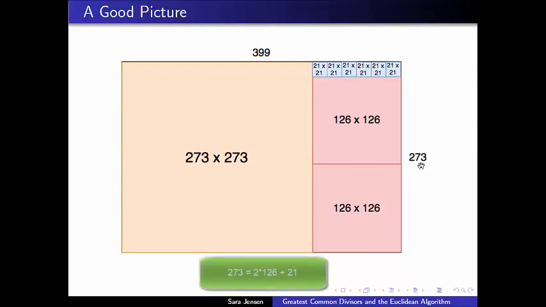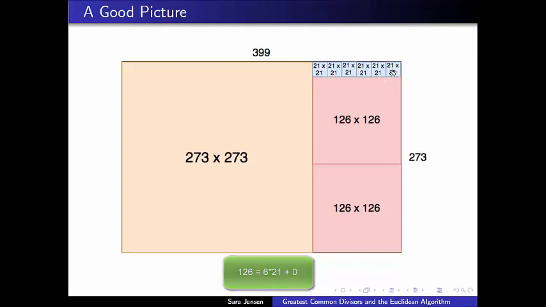So I repeat the process with 273 and 126, saying, okay, a 126 tile won't work. I'd use 2 of those 126 tiles, and then I would have 21 left over. But by the time I get to this 21 by 126 smaller room, the 21 tiles will work.